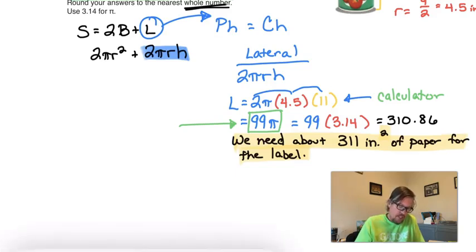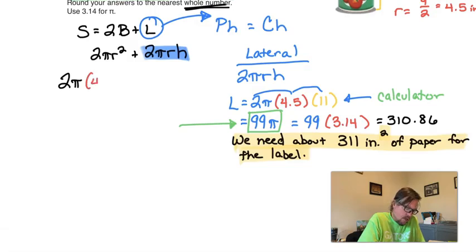Well, the total surface area is just the lateral area plus this 2 pi r squared. So let's come up here and do 2 pi, and then our r was 4.5, so r squared, plus, and then we'll just rewrite it, it's fine, 2 pi.